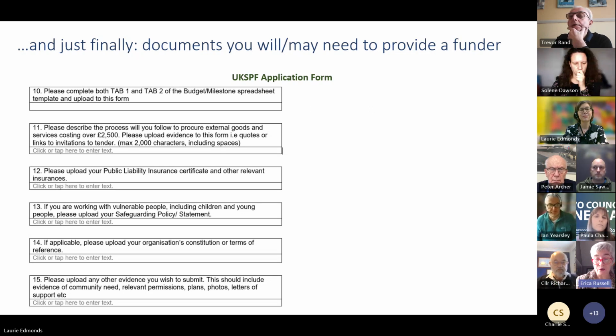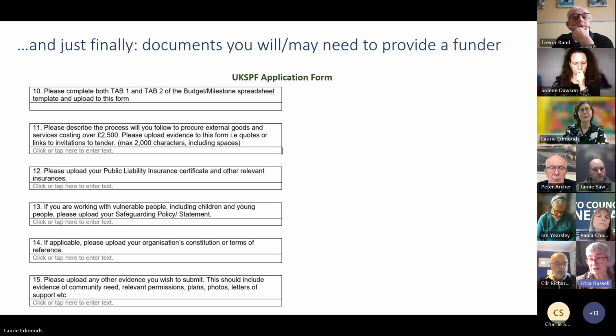You'll need to add on your budget milestone spreadsheet that needs to be uploaded. If you have any evidence in terms of quotes or links, they need to be added on. And you'll need to upload your public liability insurance certificate. And then if you're working with vulnerable people, your safeguarding policy.